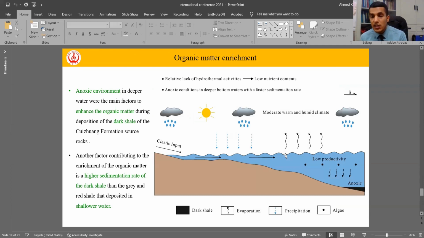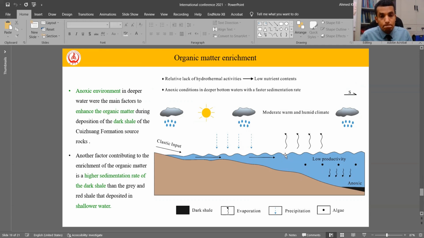The low productivity took place here, with a moderate, warm, and humid climate with low salinity of seawater, and low nutrient contents also contributed to the low productivity. And this is the whole accumulation model of the Yuncheng Formation dark shale in the Yuncheng Basin.